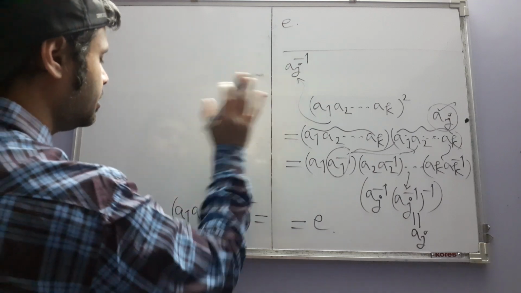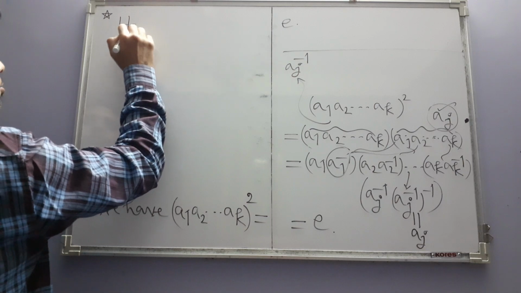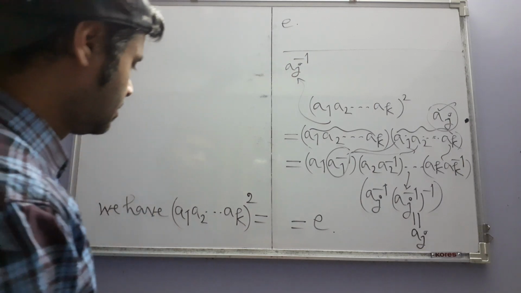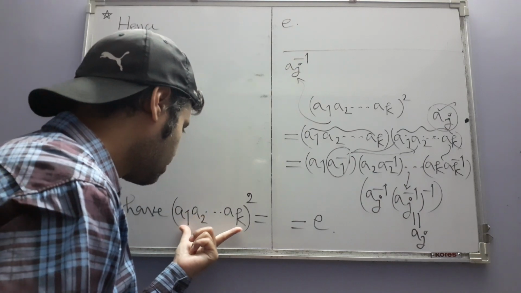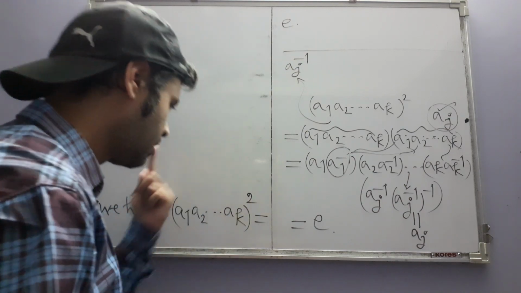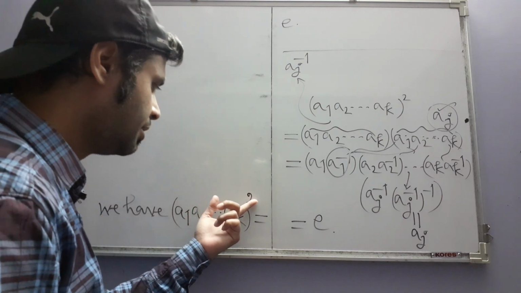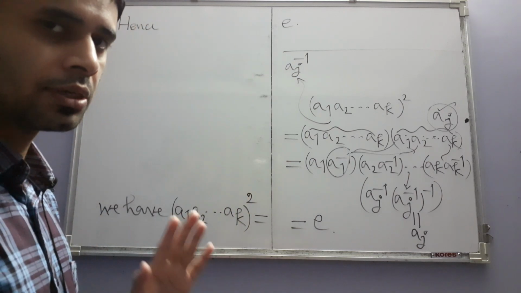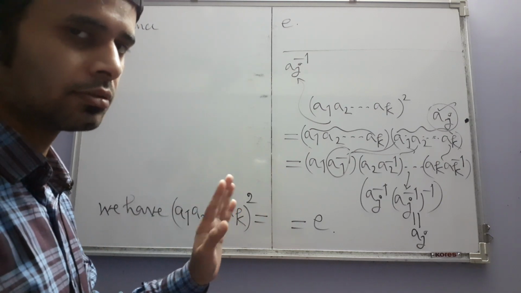But now we are here. Hence, we also know one more thing, that if we have an equation like this, then the order of this product, not the square entirely, but the order of this product should divide the exponent. This is also something we know from the results on orders of elements.